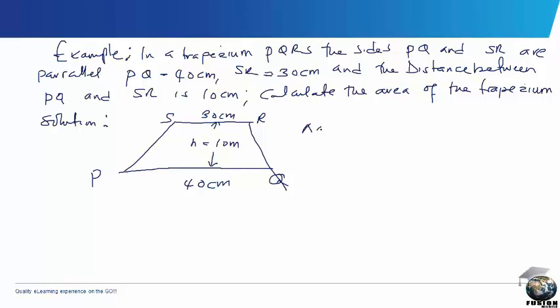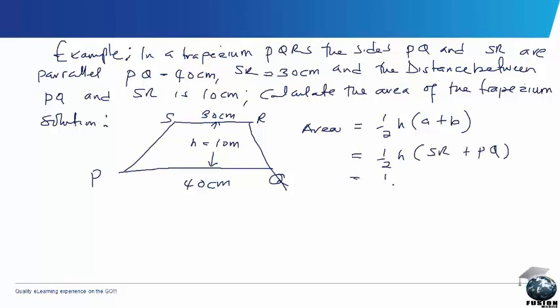Remember that area is half of the height times the sum A plus B, where A plus B could be replaced with the XR side plus the PQ side.